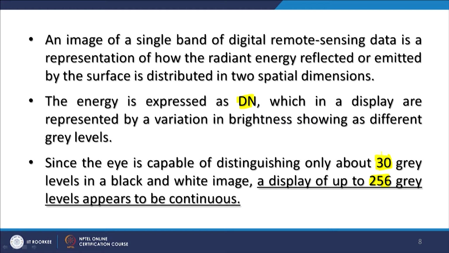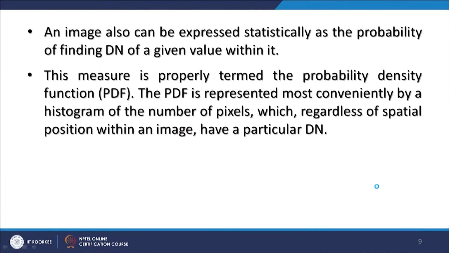That does not matter, because when we go for image classification or other processing of images, the machines will take care of distinguishing 256 gray levels rather than 30. An image can also be expressed statistically as the probability of finding a digital number of a given value within it, and this measure is properly termed the probability density function, PDF.